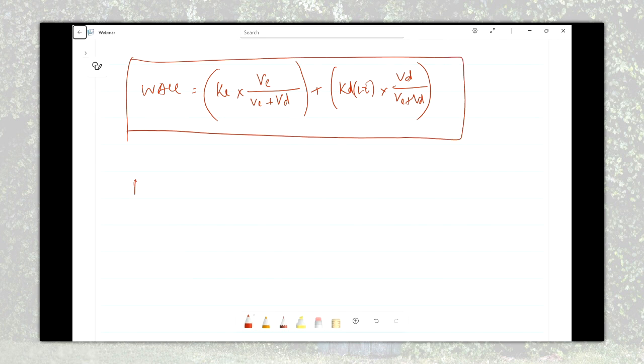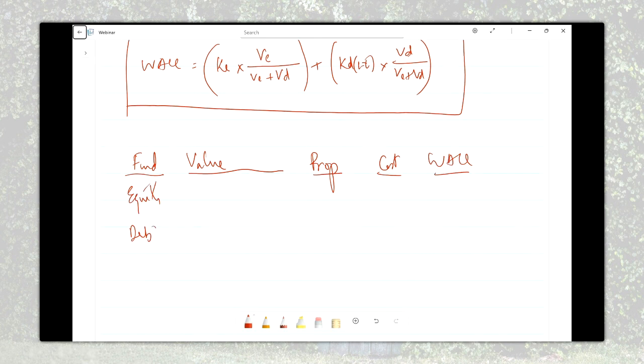So when it comes to a spreadsheet, what is recommended is that you use a couple of columns: a fund column, a value column, a proportion column, a cost column, and a WACC column. Let's say we have equity and debt, and equity is maybe 100 and the debt is 50.